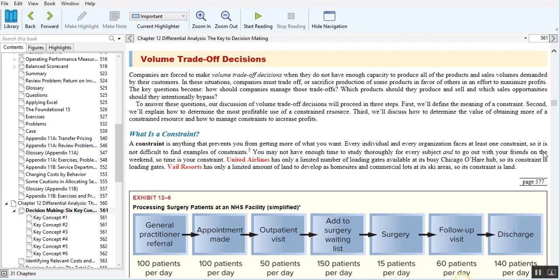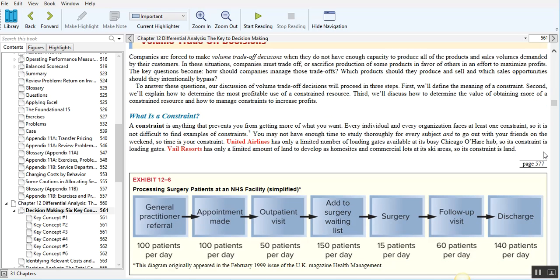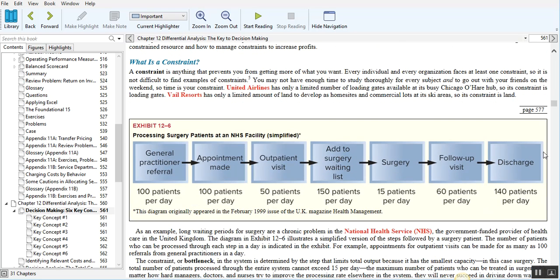And then volume trade-off decisions. And this is one where you have limited capacity and resources. And this is what we were talking about when we talked about resource limitations. When you get into resource limitations, you start thinking about volume trade-offs, or how do you expand those resources so that you can actually improve the process or the amount of work that you could get through in a particular period of time?